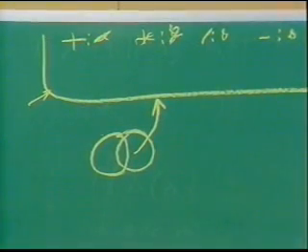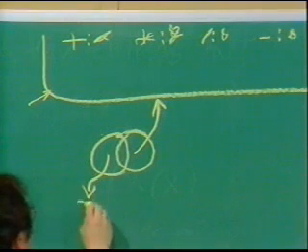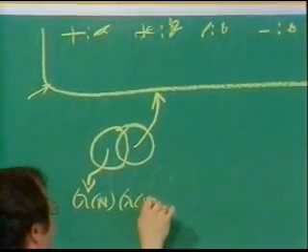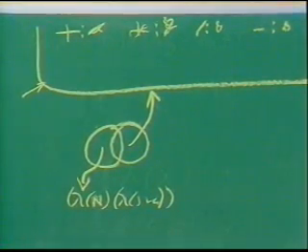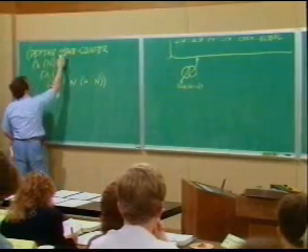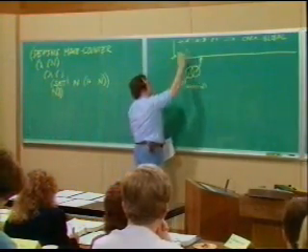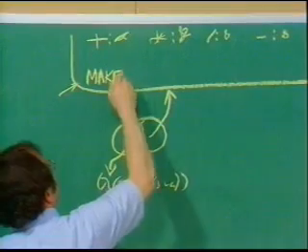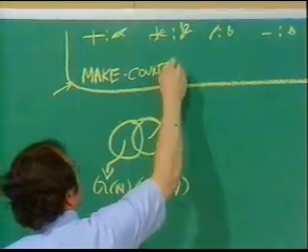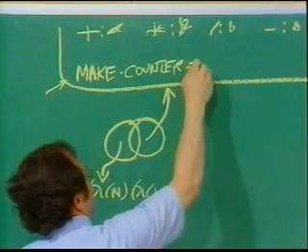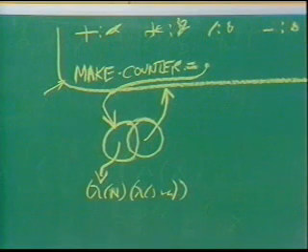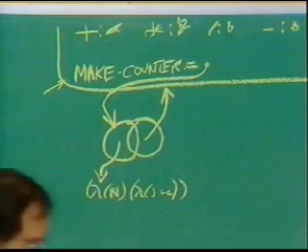The procedure object contains some code that represents a procedure of one argument n, which returns a procedure of no arguments, which does something. And the define is a way of changing this environment so that I now add to it make counter. A special rule for the special thing define. It gives me that pointer to that procedure. So now the global environment contains make counter as well.